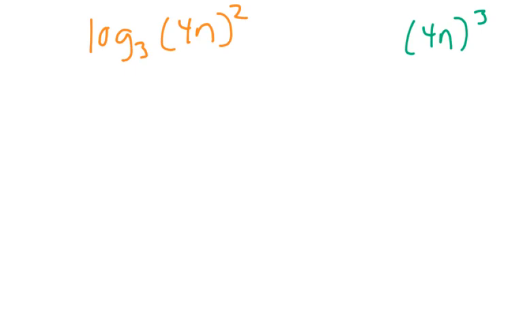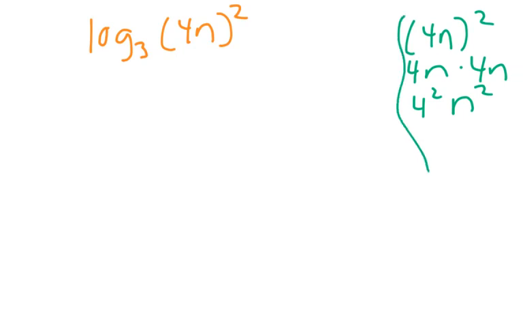I don't expect you to write this out. And I don't know why I put a 3 there instead of a 2. Try again. That means 4n times 4n, which of course would be 4 squared and n squared. So 4 times 4 and n times n. And that's one of those properties of exponents. So you could, as your first step, use a property of exponents.